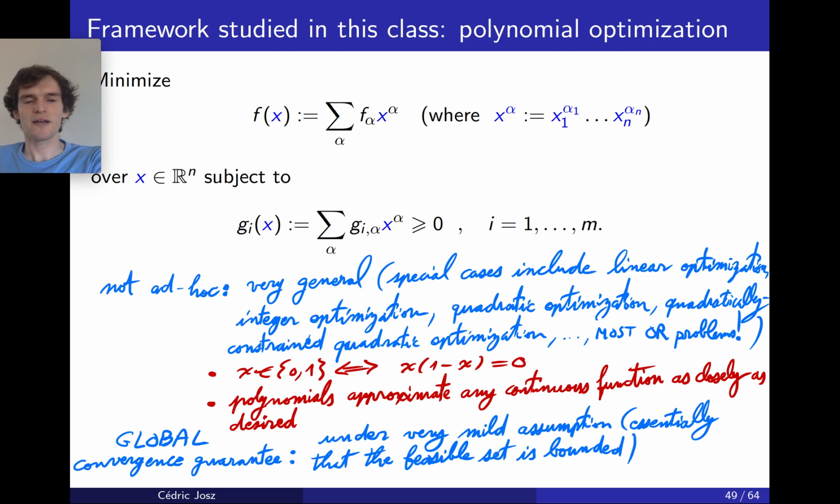Okay, and so now I'd like to finish this lecture by giving you a graphical intuition of how one can solve these polynomial optimization problems. Why is this algebraic assumption that we're making, why does it somehow help us? In practice, what can we do with this?